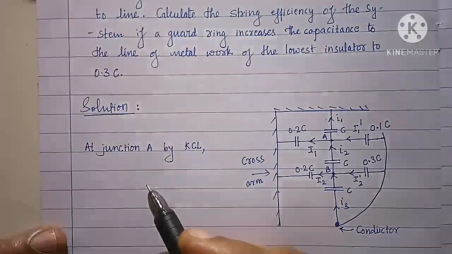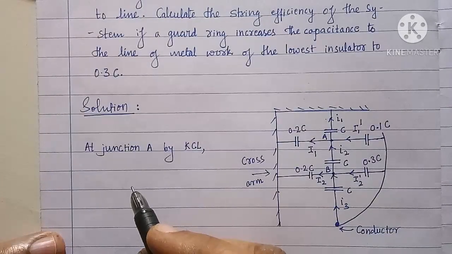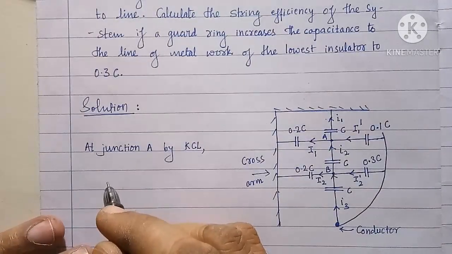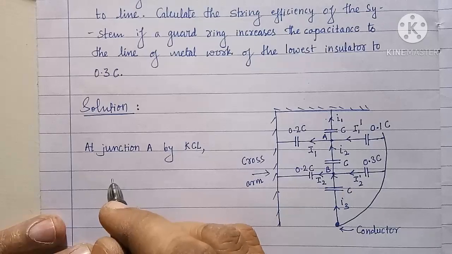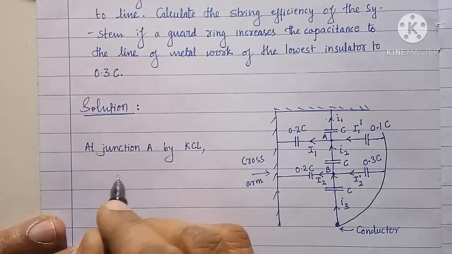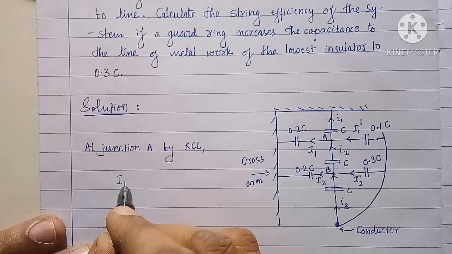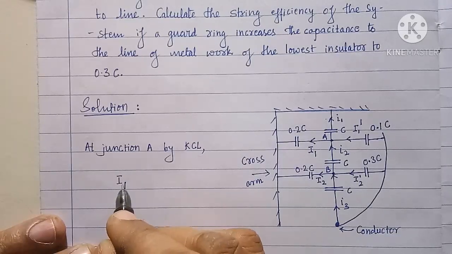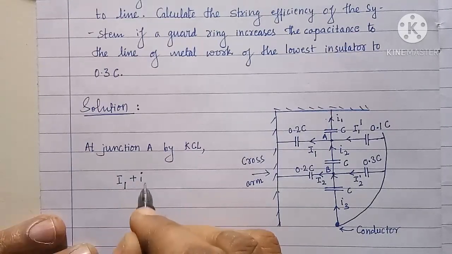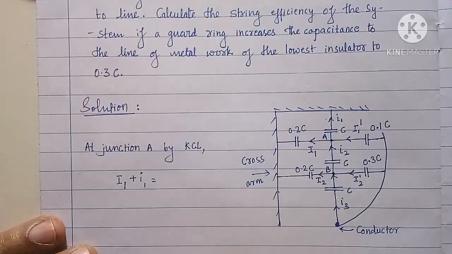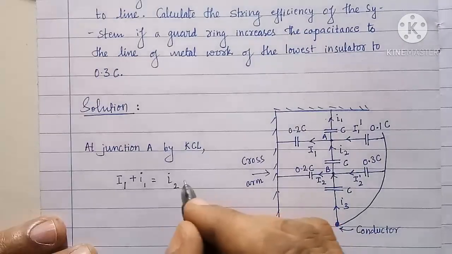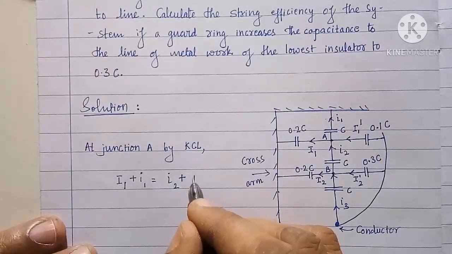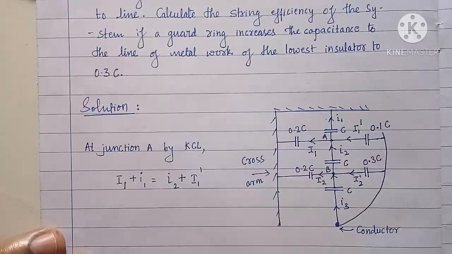sum of incoming currents must be equal to sum of outgoing currents, that is capital I1 plus small I1 is equal to I2 plus capital I1 dash.